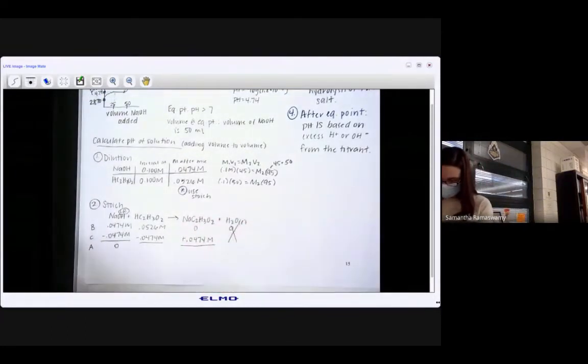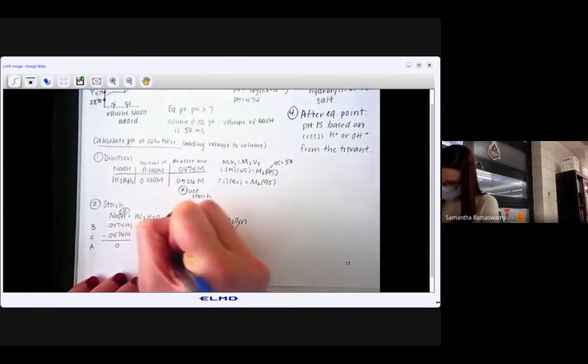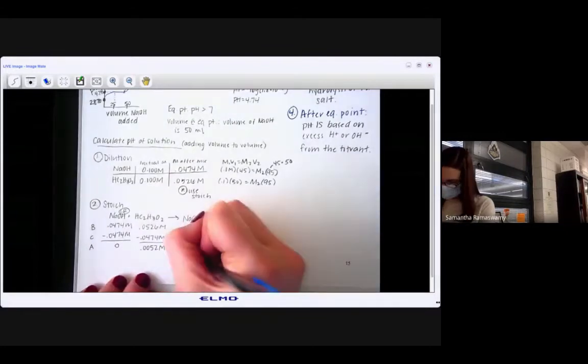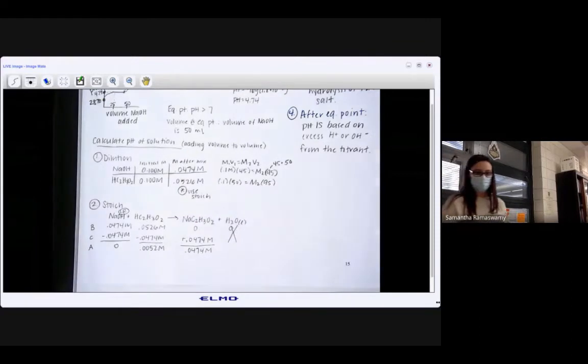So if I do 0.0526 minus 0.0474, I have 0.0052 molar and 0.0474 molar. So after the neutralization reaction, here's where I want you to think again.